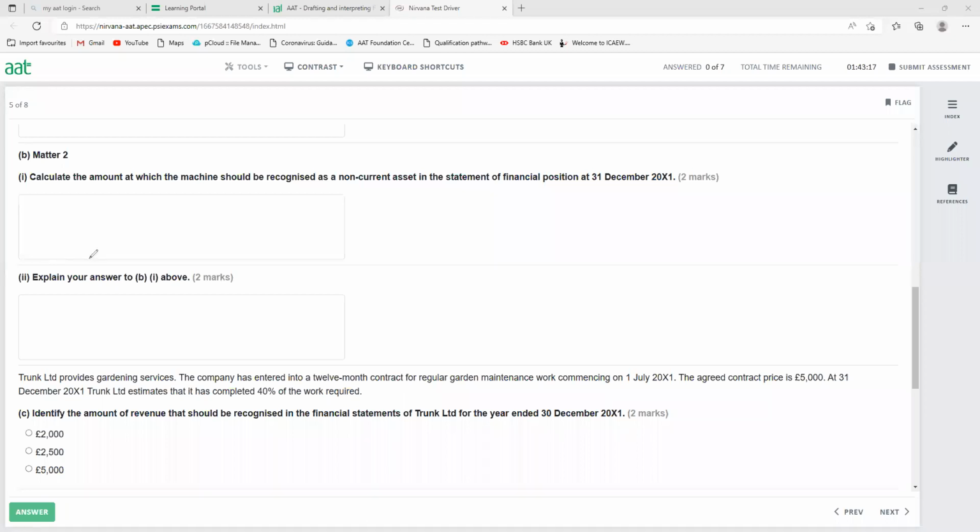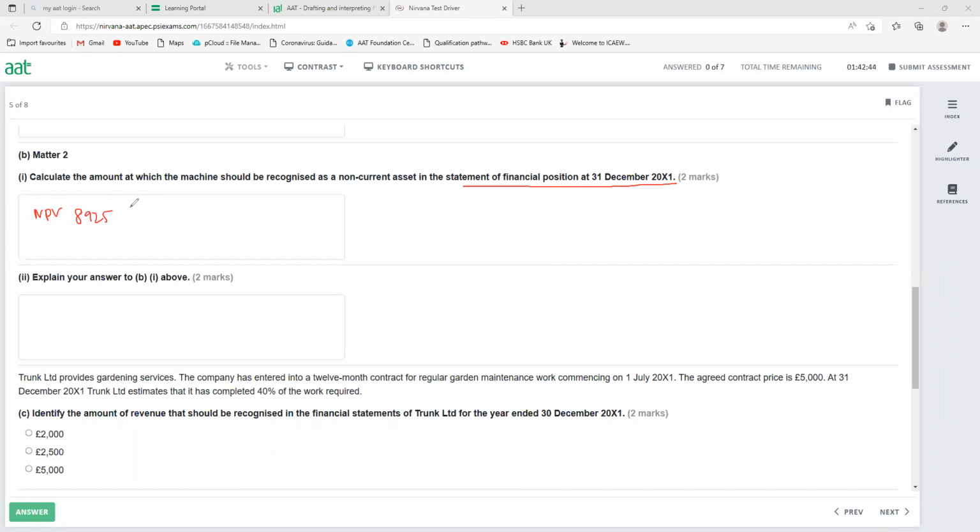Matter 2 says calculate the amount at which the machine should be recognized as a non-current asset in the statement of financial position at 31st of December. So you already discussed that. We need to see how much is the amount we paid. So NPV, that is the net present value, 8925 that we have calculated before.